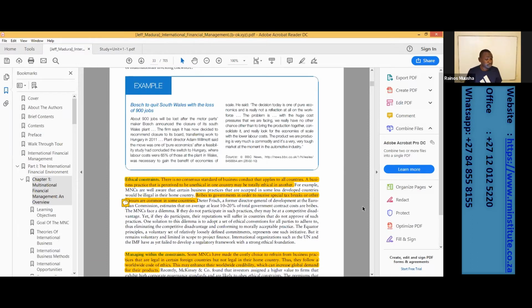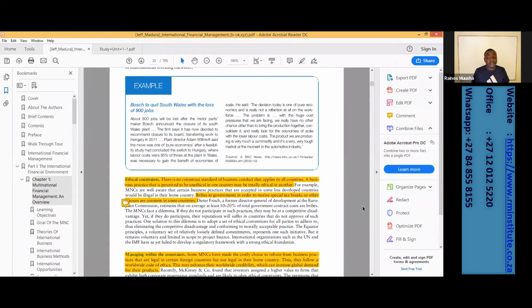For example, many people in management positions for these multinational companies usually belong to a particular professional body. And most professional bodies also have a code of conduct when it comes to ethical constraints.